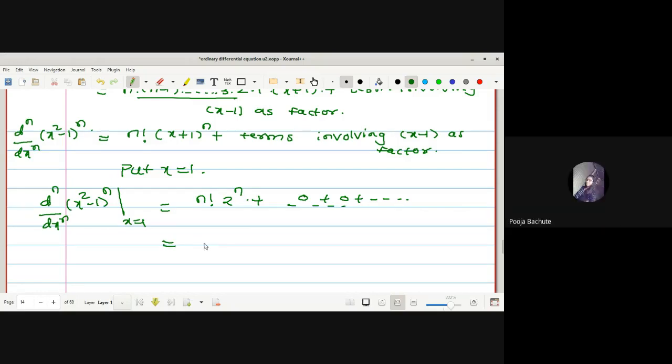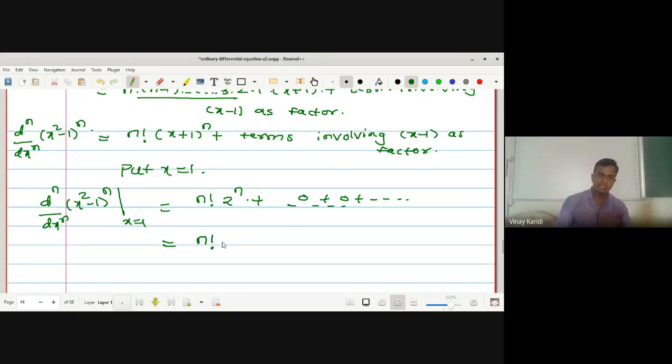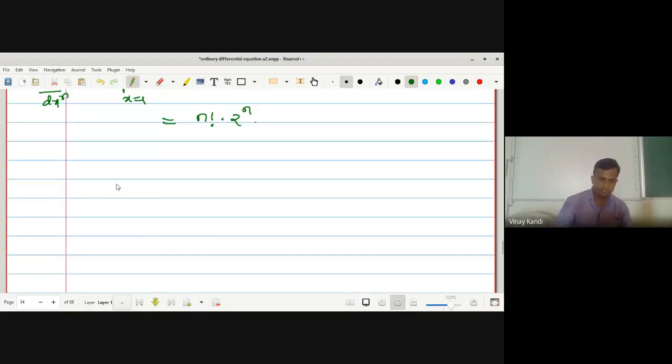No, sir. Okay, so this is the value of n factorial into 2 raised to n. Value of this derivative, nth derivative of x square minus 1 bracket raised to n at point x is equal to 1. Okay, now we have to define the polynomial Pn of x. हा तुमचा एक पॉलिनॉमियल आहे. ओके, कसा डिफाइन करायचा आहे, असा 1 upon 2 raised to n into n factorial into phi of x.